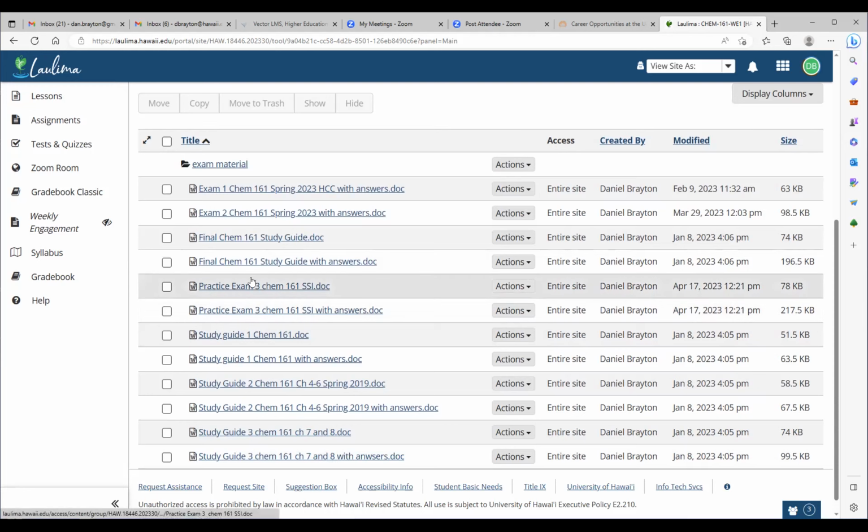And so I added in a different one. It's labeled practice exam, but study guide, same thing, right? It's 3, and I don't even know how old this document is, but it's got material from chapter 9 and some from 10. So it's the combo of the two, I think, is a little bit better.